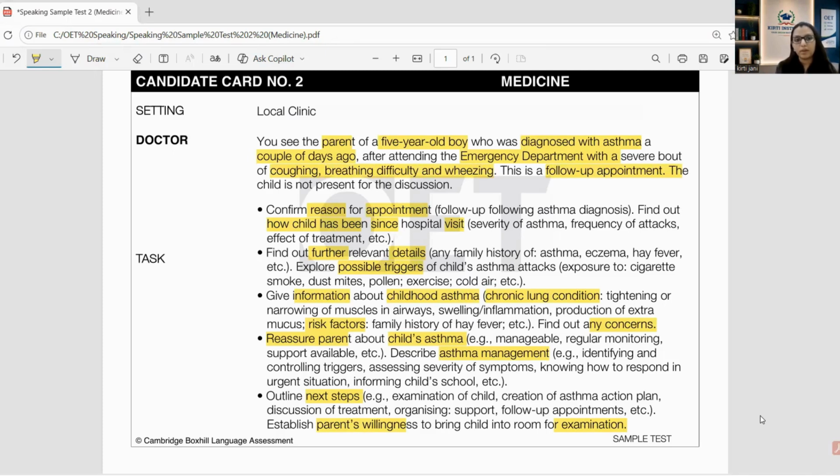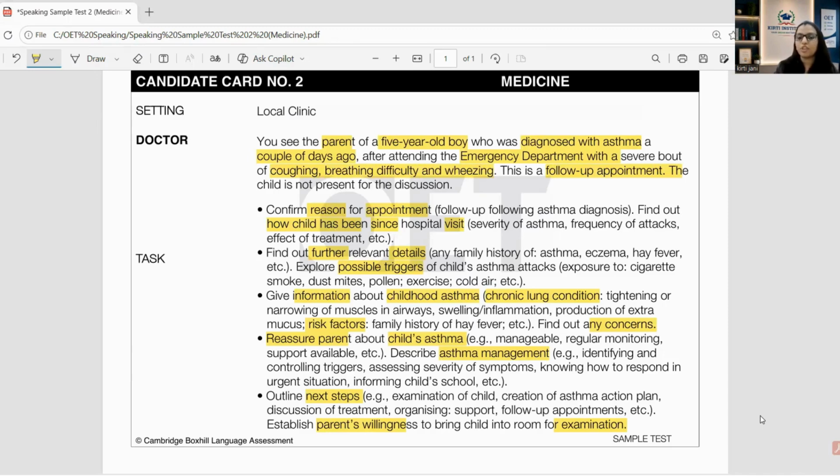Reason for appointment. So you can instantly create a question. Could you please tell me about your understanding about today's appointment? How has your child been since the last visit at the emergency department? Would you please tell me a bit more about your son's asthma? What do you think is responsible for causing the asthma attack in your child?